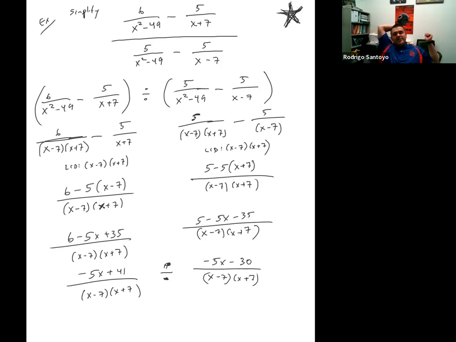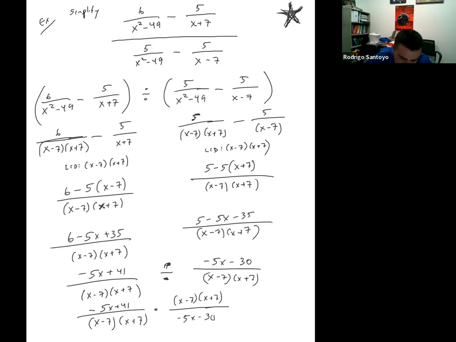Any questions, y'all? Any questions so far? All right, so a really nice example so far. And then from there, we just keep change flip. So we have negative 5x plus 41 over x minus 7, x plus 7, change division to multiplication. We flip the second one.